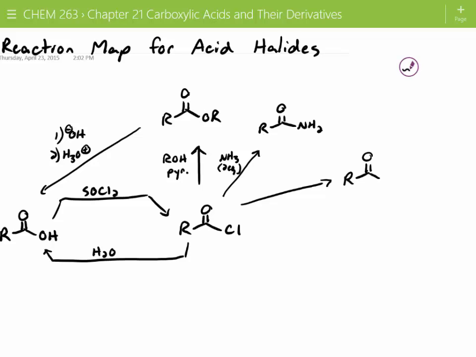We can do the same thing if we want a substituted amide, but in this case we use RNH2. Again, 2 equivalents. We can substitute it even more if we want, and use a secondary amine.